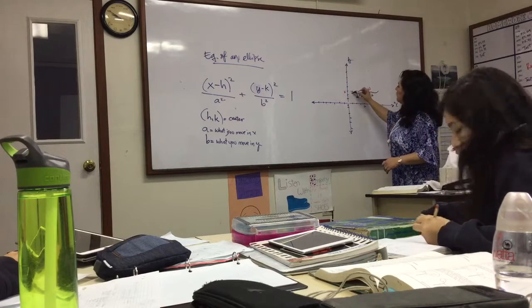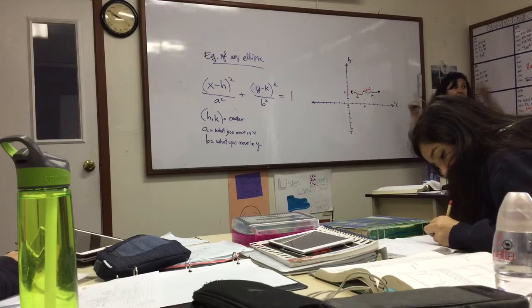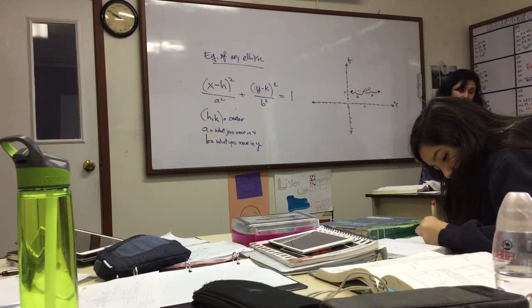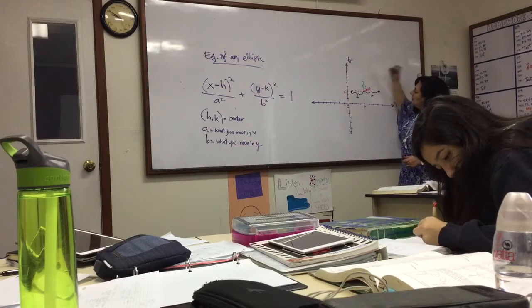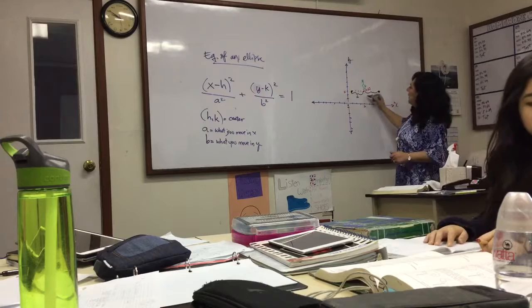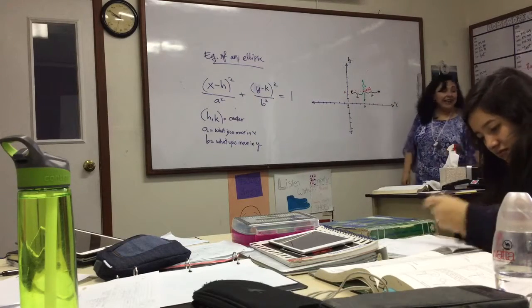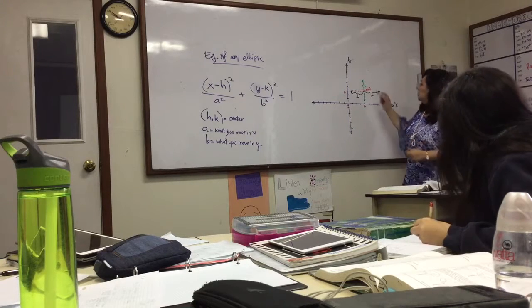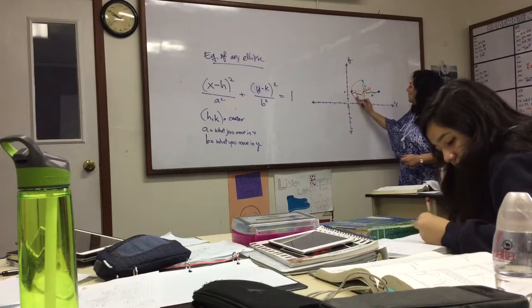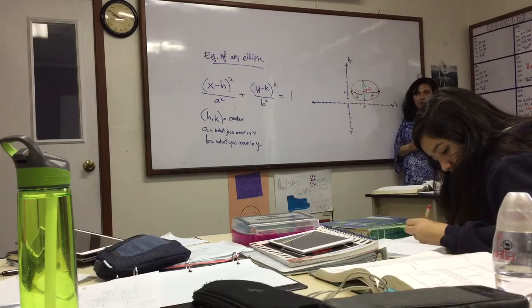Okay. So I'm going to have a point here and a point here. Do you agree? A distance. And I'm going to move B up. So I get a point here and B down. And then I'm just going to connect the dots. For a beautiful looking ellipse.